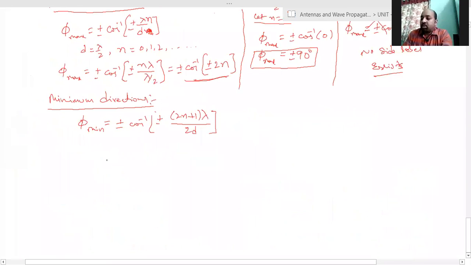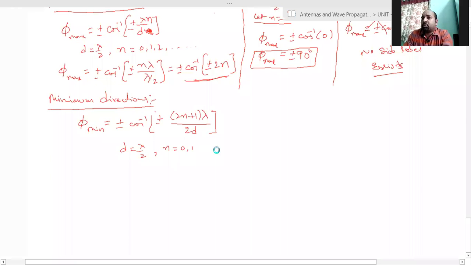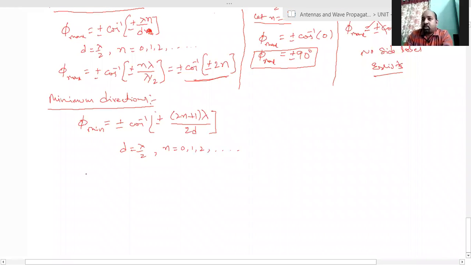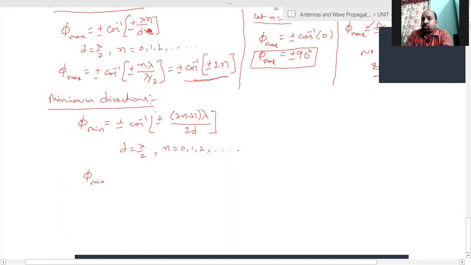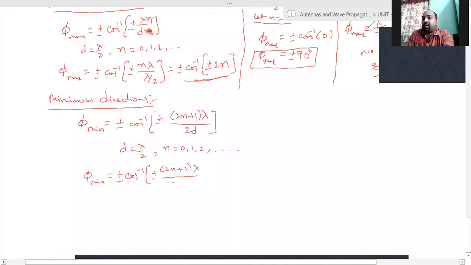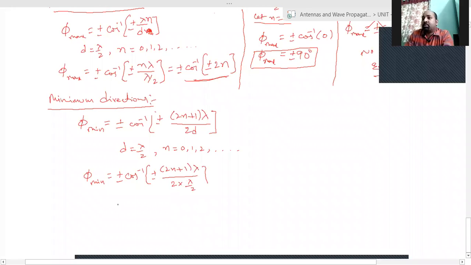Now d is equal to lambda by 2, n is equal to 0, 1, 2, and so on, right? So now substitute those, what will we get? Plus or minus cos inverse plus or minus 2n plus 1 lambda by 2 into lambda by 2.